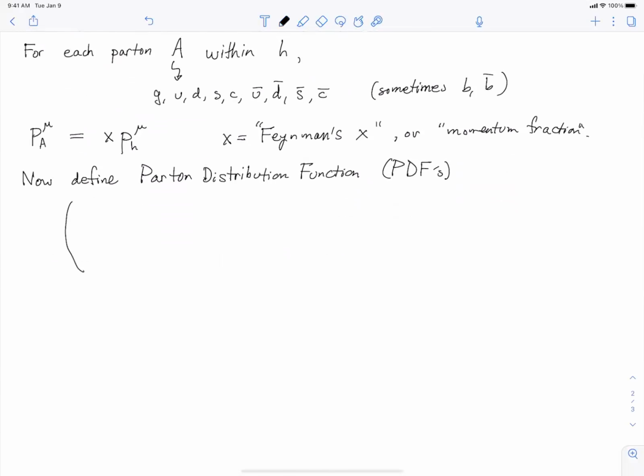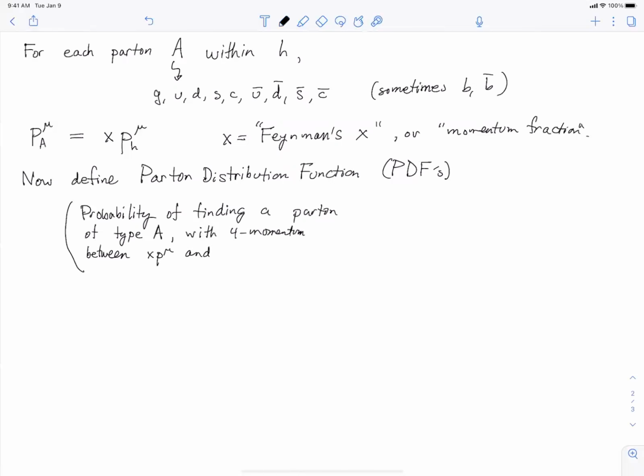So I'm going to say in big parentheses, the probability of finding a parton of type A with 4 momentum equal to, or 4 momentum between, let's say, x times p mu for the hadron and x plus dx, a differential, times p mu, inside a hadron with momentum p mu.